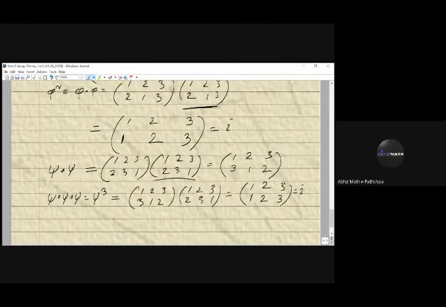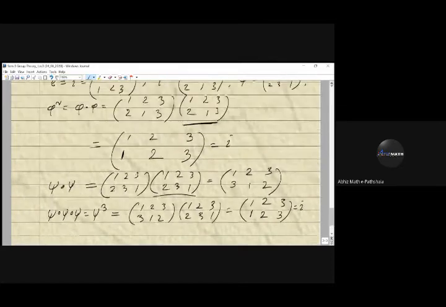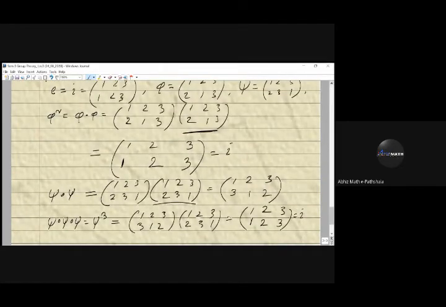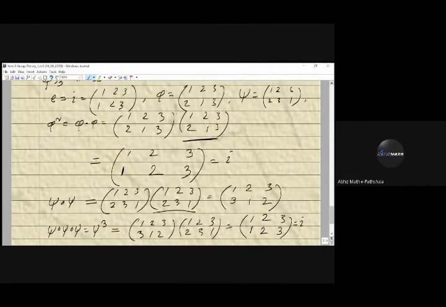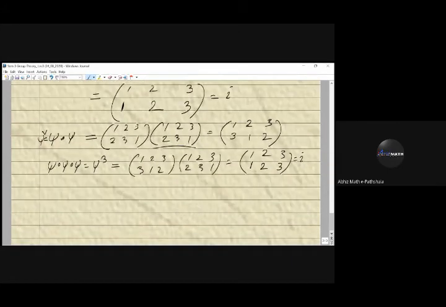Okay. So thus, as of now, we have the permutations in S3. First one is I, second one is phi, third one is psi, and then psi square. This is psi square, right? But you have 6 elements, so there are more.